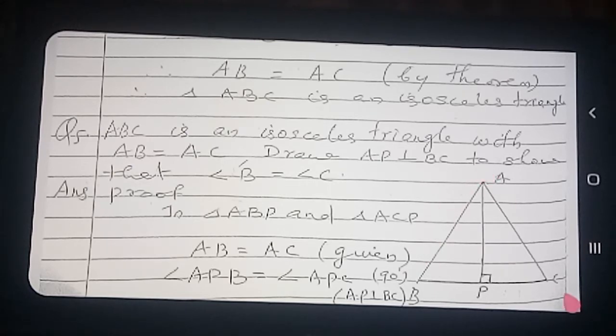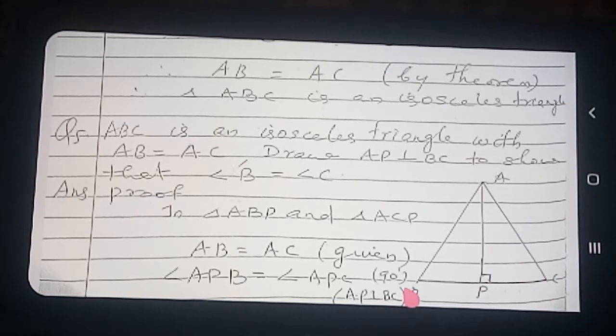AB equals AC, given. That is already given in the question. And angle APB and angle APC, both these angles are 90 degrees each. What's the reason? AP perpendicular to BC is already given in the question.